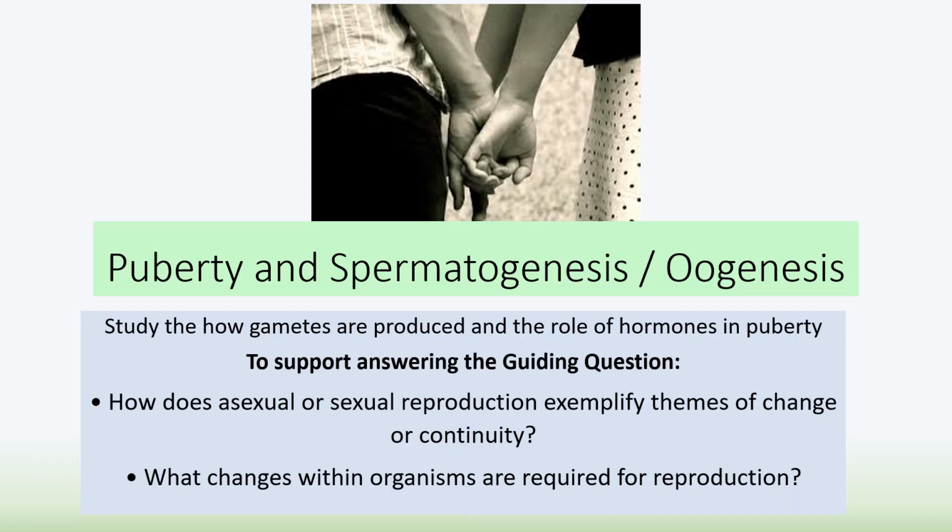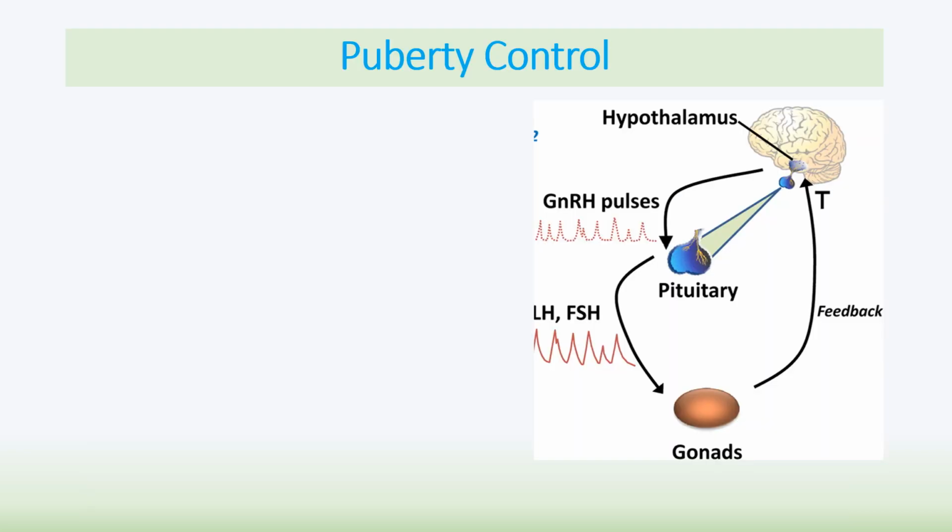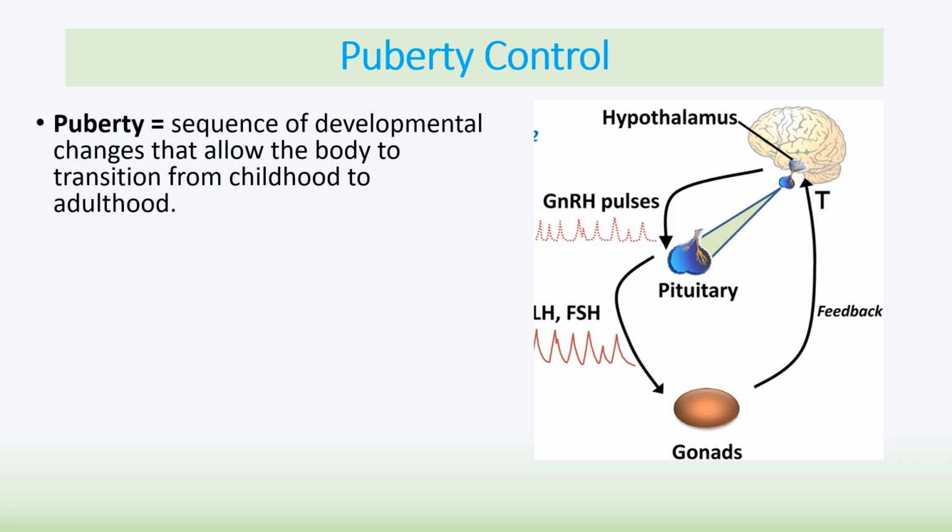Fertilization occurs, now we need to look at puberty and also the production of sperm in spermatogenesis and the production of eggs in oogenesis. We look at puberty and how that is controlled. Puberty is obviously the development from childhood to adulthood. So it's the developmental changes that allow the body to transition from a child to an adult, so you're able to reproduce.